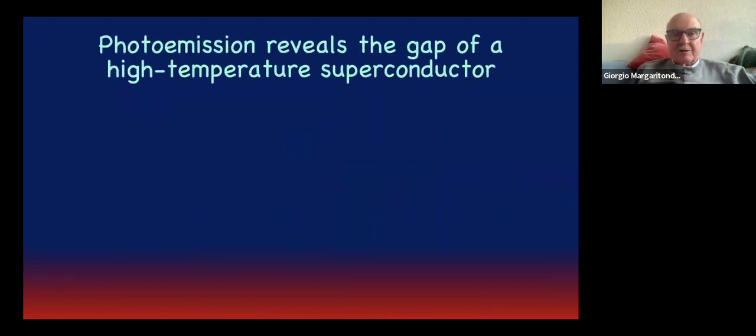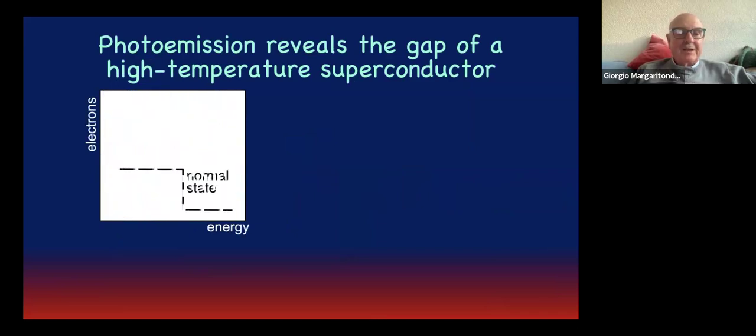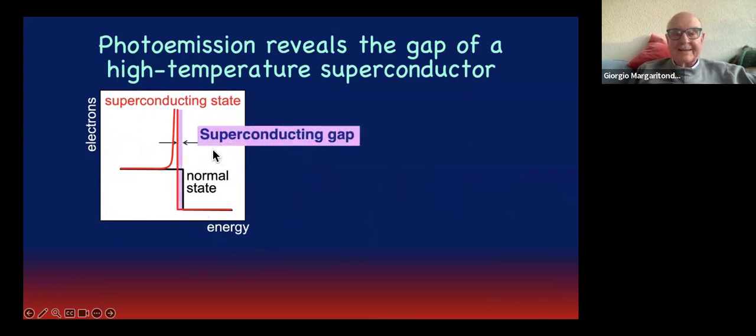And it is not all, because with photoemission, you can also study other electronic properties like superconductivity. Now, if you look at the distribution in energy of the electrons, so this is the energy, when you go from the normal state in black to the red state, that is a superconducting state, you are forming a gap right at the edge of the distribution for the normal state, which is a superconducting gap.